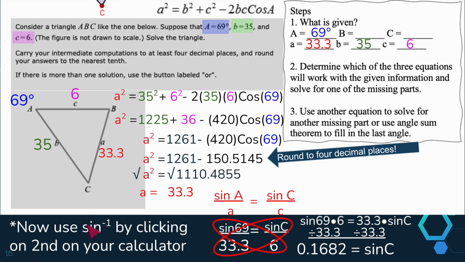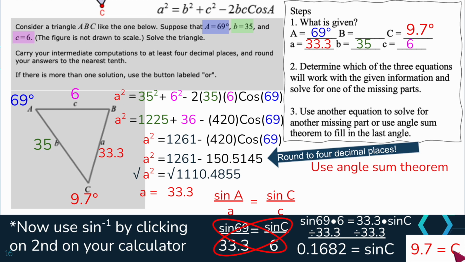That's actually how you get to those features that are right above the button. So if I click second and then sine, the inverse of sine, then I get 9.7 equals C. So it's definitely a much smaller angle, and that does not look like a 9.7 degree angle at all. That's very out of scale, right?